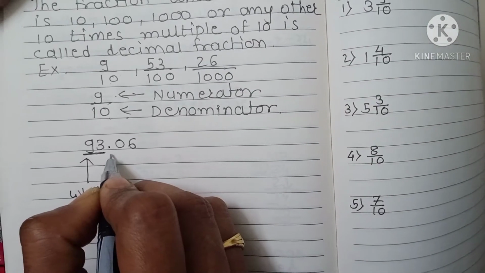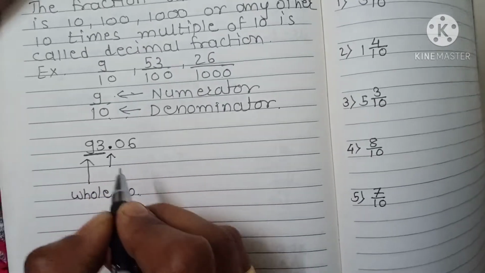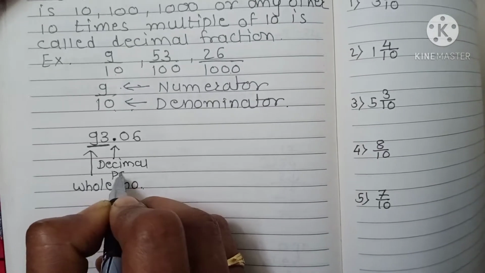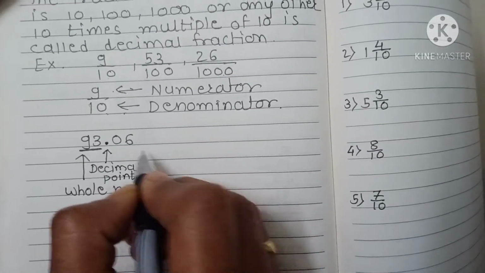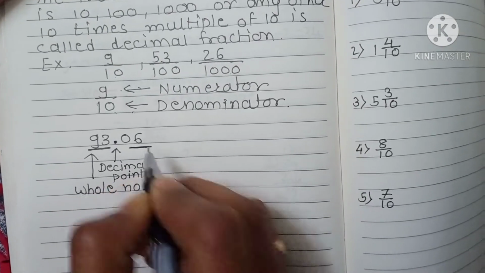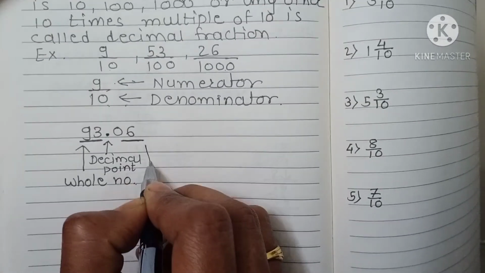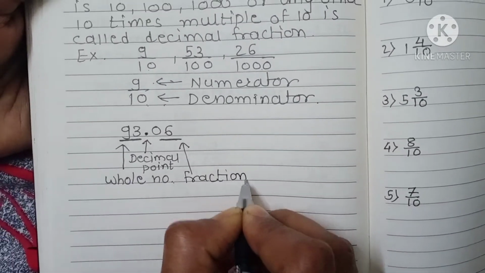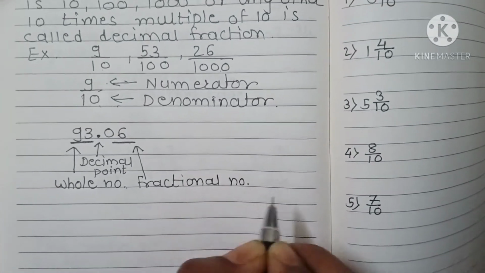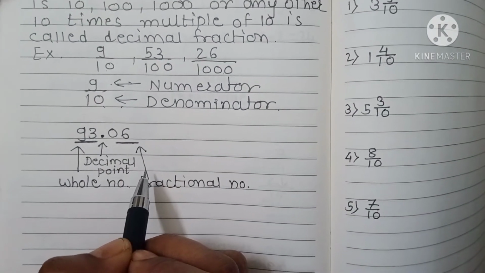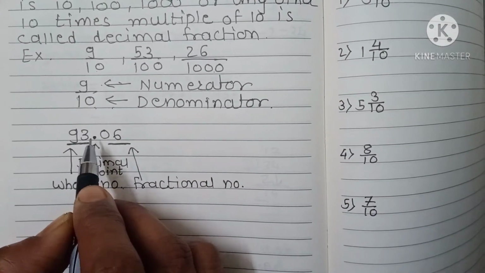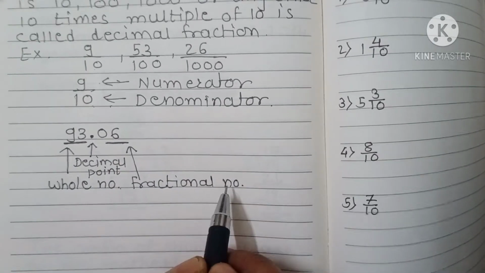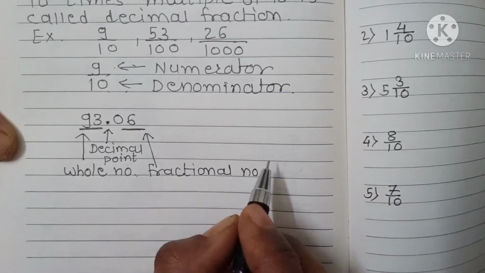This point, the dot, is the decimal point, and this side number 06 is the fractional part or fractional number. So the number which is left of the decimal point is the whole number and right of the dot is the fractional number. So you should understand this.